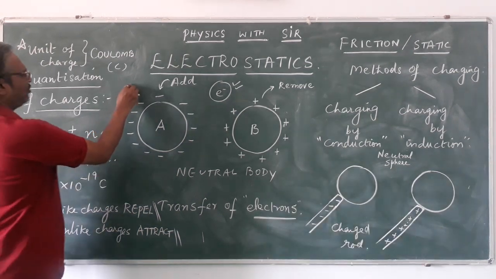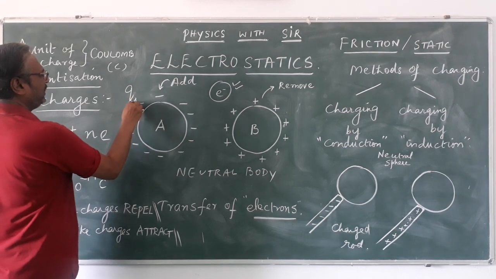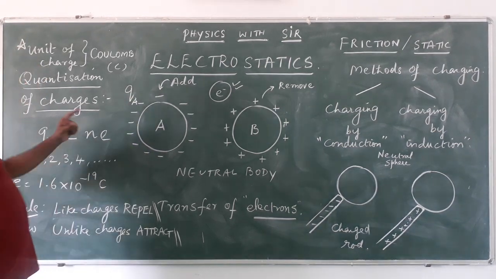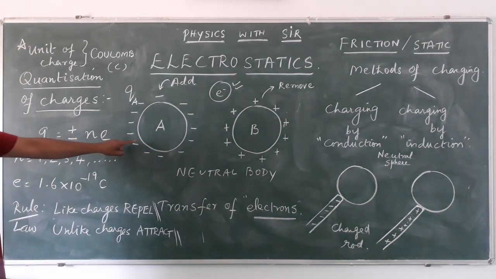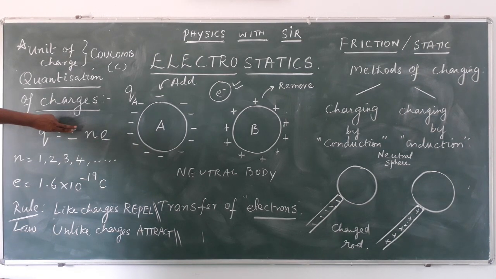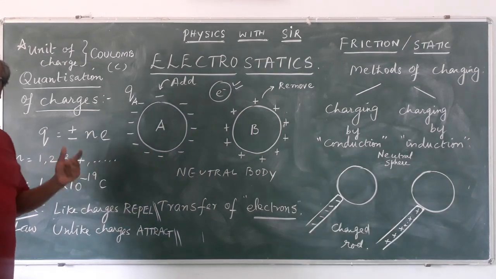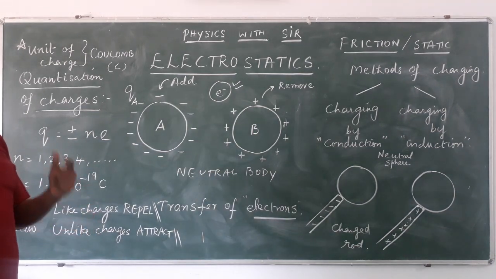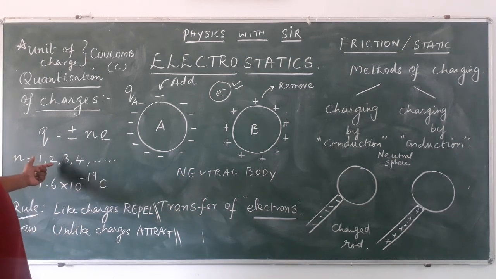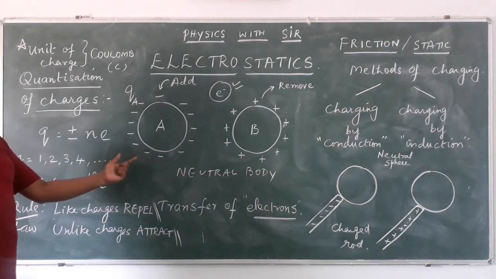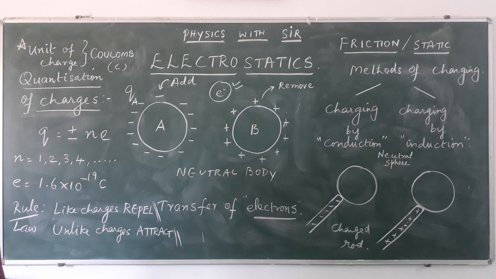What is the charge on the body A, QA? It is negative, so minus n times e. The number of charges can be 1, 2, 3, 500, 200, millions. So many charges can be added.